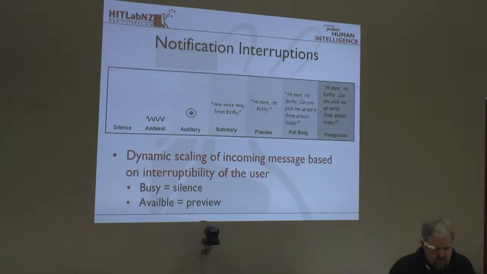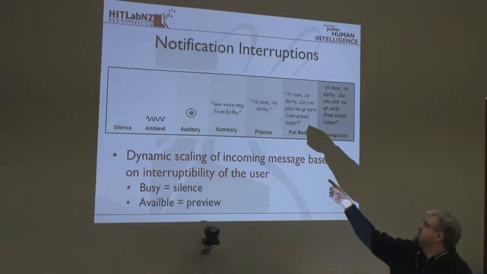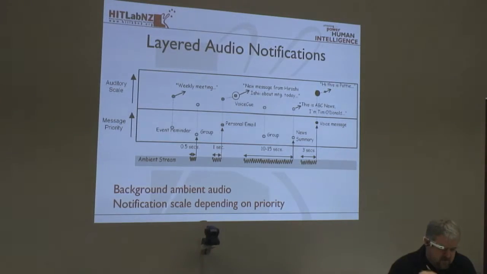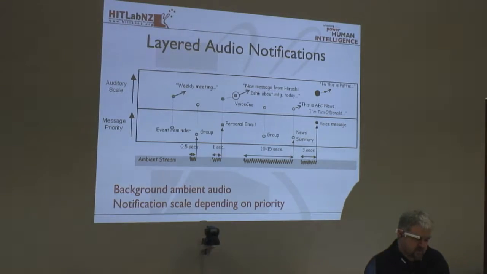It also had a ramped notification idea. When you got a voicemail, you'd hear a splash in this kind of river, and then if you tapped or wanted more information, it would give you a bit more information, and then a bit more, up to the full body of the text. So there were layered audio notifications. When you're designing Glass applications, you've got to think the same way about how you can build an application that provides minimal interruption and then gives more information as the person engages more.